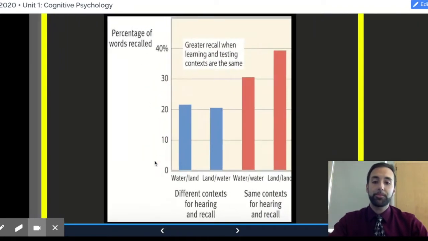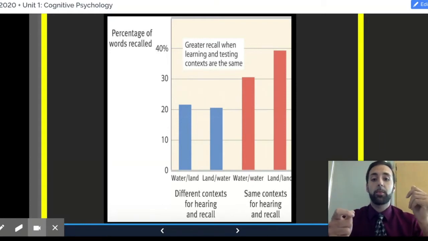Research has shown that even if you learn information in really abnormal locations, you're still more likely to retrieve that information in the abnormal location if that's where testing occurs. The chart that you see in front of you illustrates a study where they divided people up into one of 4 conditions. You learn information underwater, you take a test on land, you learn information on land, you take the test underwater. Those are the blue columns, or the red columns.